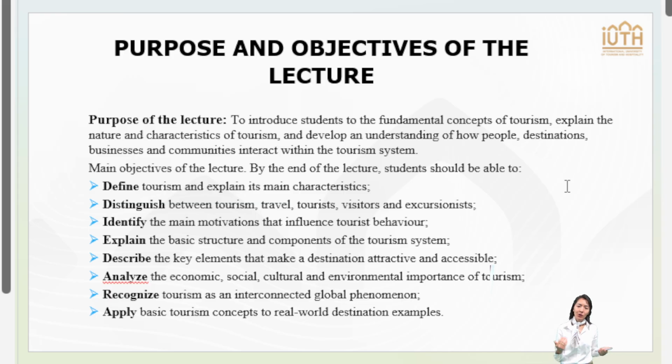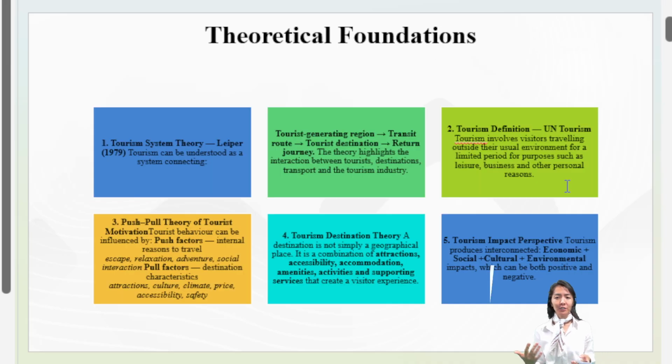At the end of today's lecture, you can define different concepts and ideas of the basics of tourism, identify and explain different types of tourism, and distinguish different types of tourists, business trips or relaxing tourists, and you can analyze and describe the main subject of today's lecture.